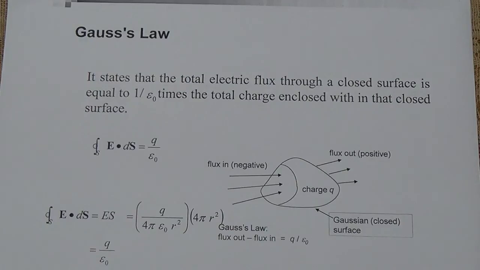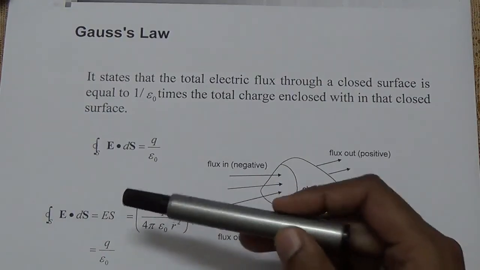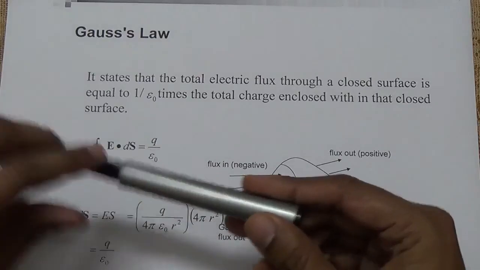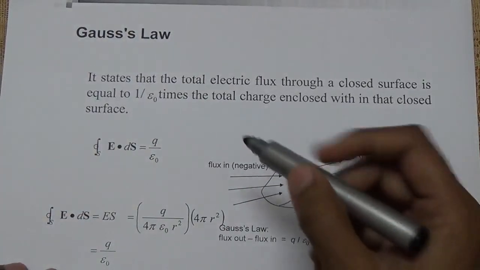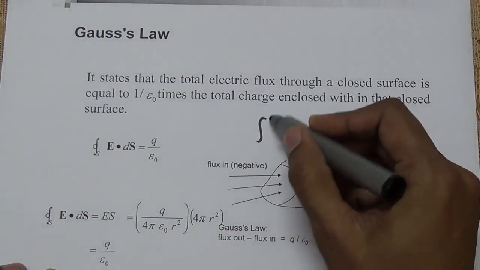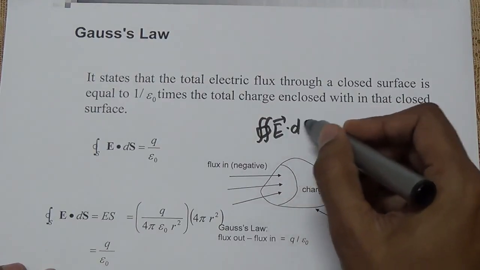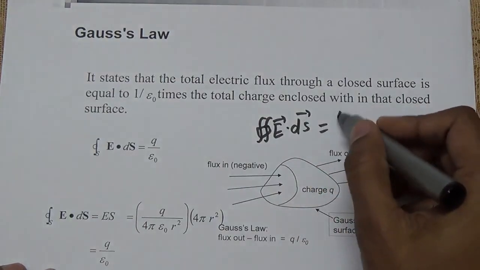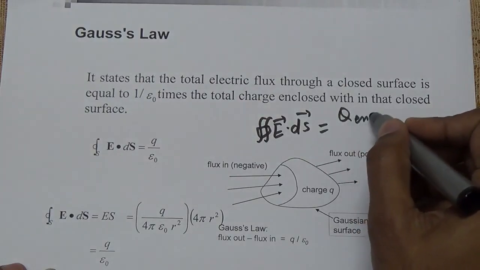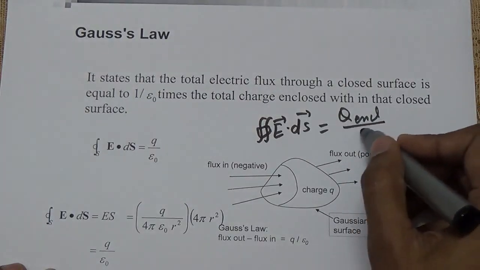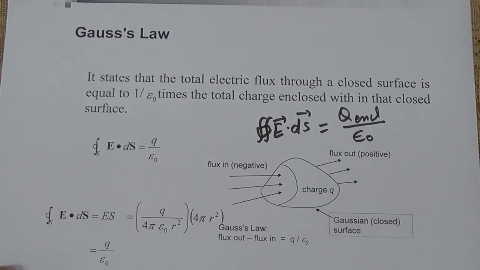First we will convert Gauss law in electrostatics into the differential form. From this law we know that the closed surface integral of E dot ds is equal to Q, that is enclosed by the surface, upon epsilon naught.